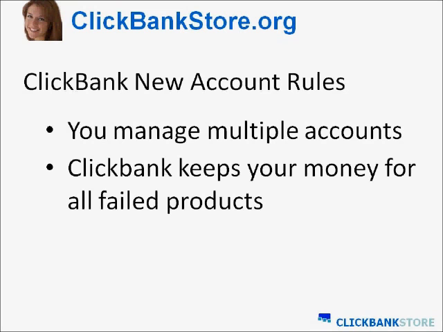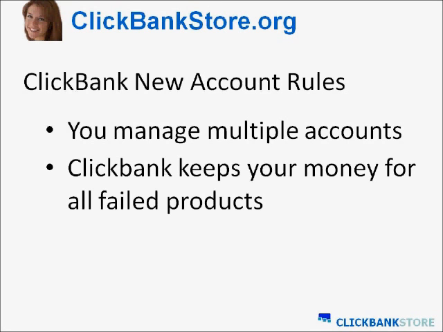Sometimes you take a product, you think it's going to work, you put it out there, and after you've done 3, 4, 5 sales, you realize that it's costing you more in affiliate management and advertising costs to make that sale than you're making off that sale. And so you want to pull that product until you find a better way to market it. Well, what happens to the money from those first 4 or 5 sales?